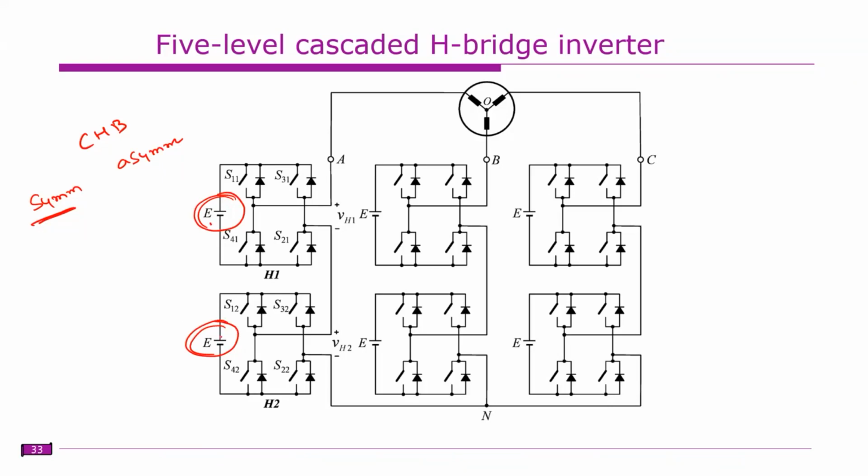This is E, this is also E, and another bridge is also E. If all the isolated DC sources are equal, that is a symmetrical CHB. If the DC sources are not all the same, that is known as an asymmetrical cascade H bridge.